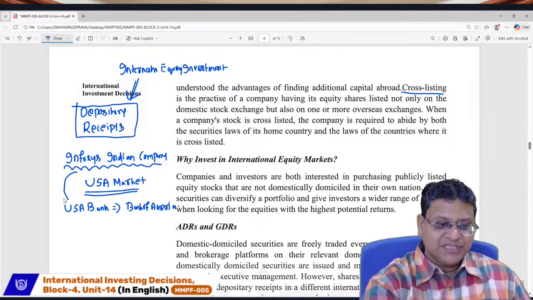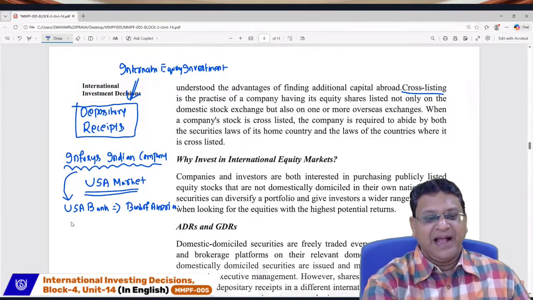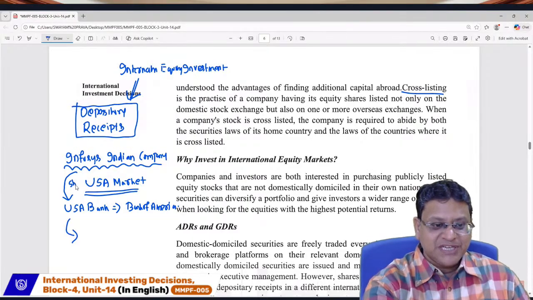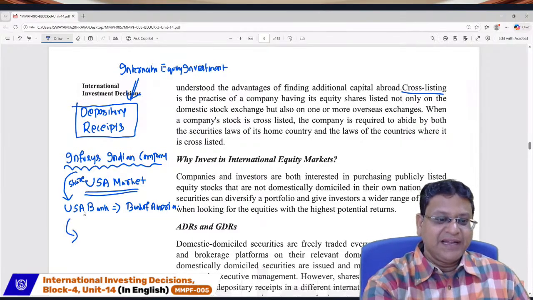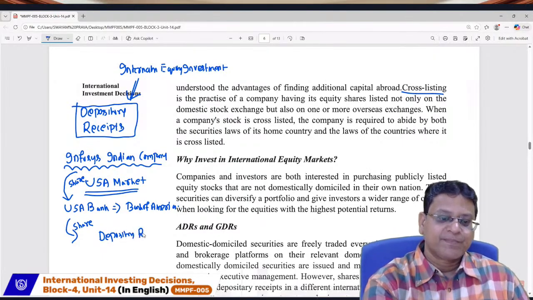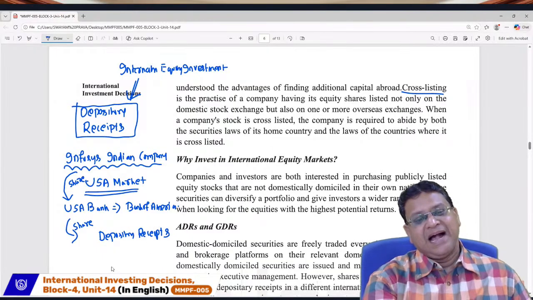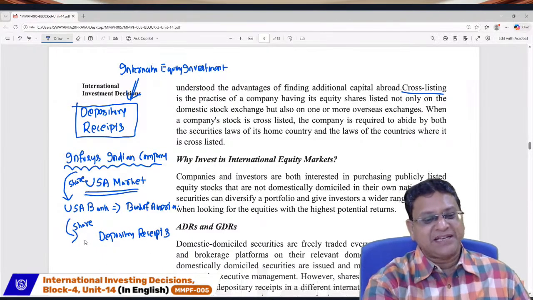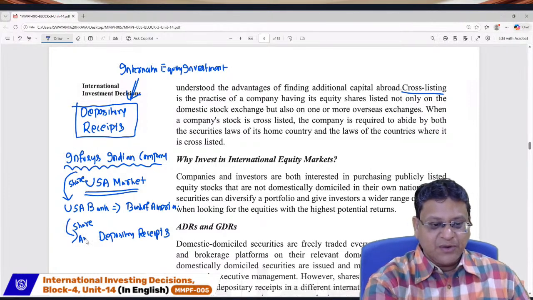Infosys will give the shares to the US bank, and the US bank will convert the shares into depository receipts. As these depository receipts are issued in the USA, they are known as American Depository Receipts or ADRs.